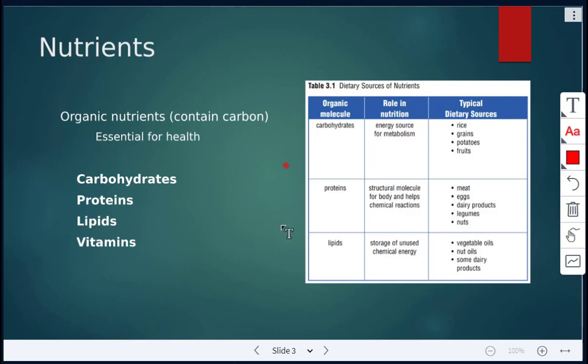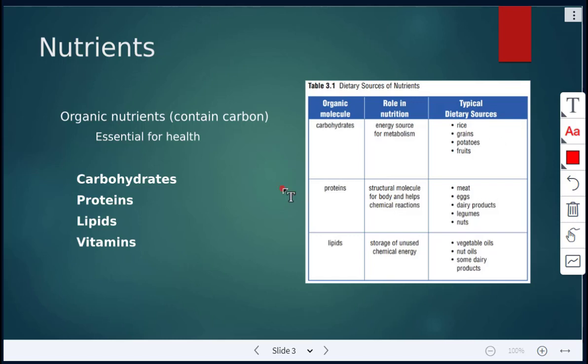So this is a table from the textbook showing dietary sources of nutrients. So for example, carbohydrates, their role in nutrition is they are the primary source of energy, so energy source for metabolism, and typical dietary sources, things like rice, grains, potatoes, fruits, vegetables, and so on.